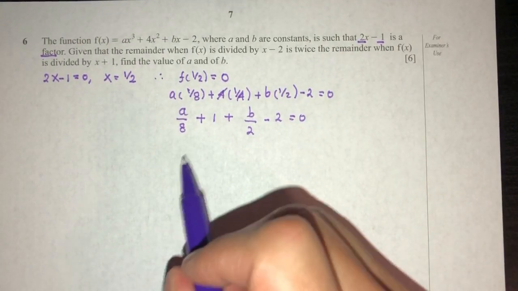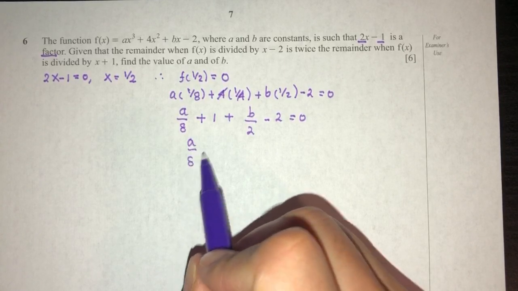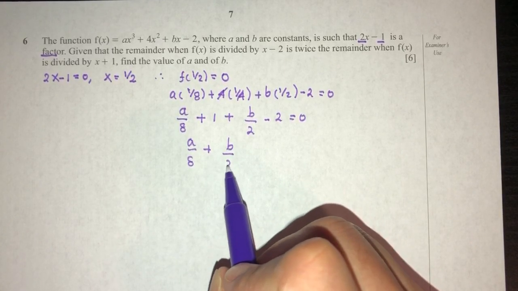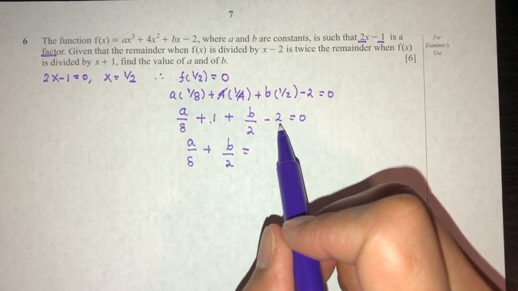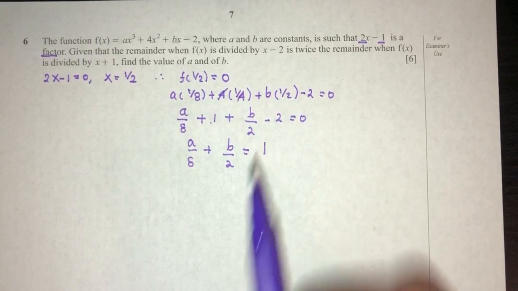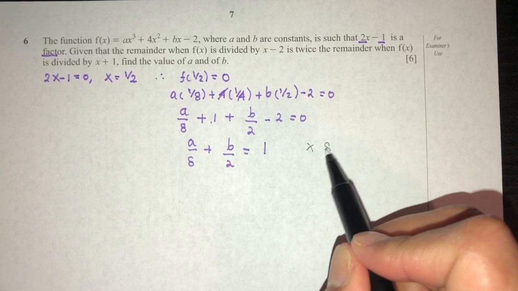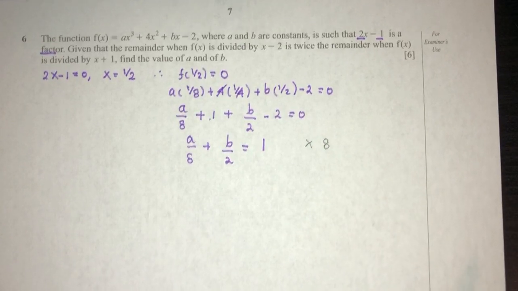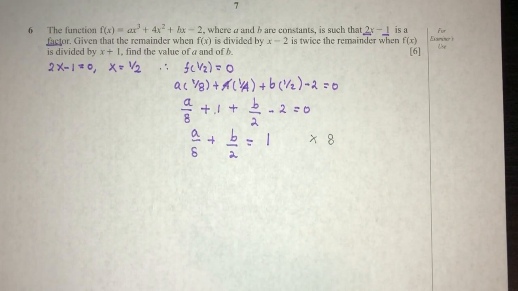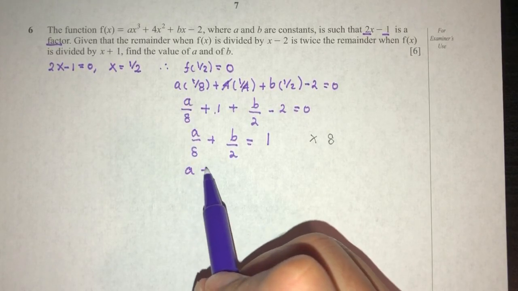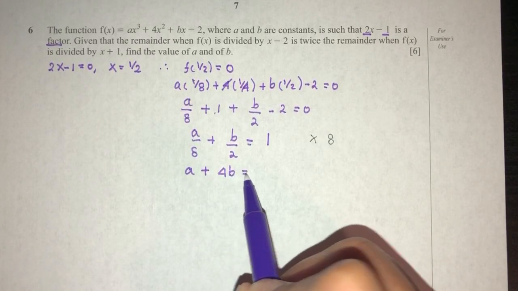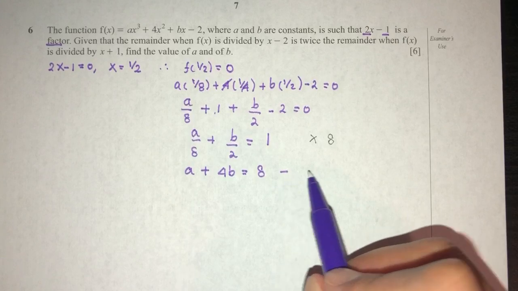So that will be a over 8 plus b over 2, 1 minus 2 is minus 1. Send this over here, it will become 1. Now let's multiply by 8 everywhere, so we can have something easy to understand. You will have a plus 4b equal to 8. That will be equation number 1.